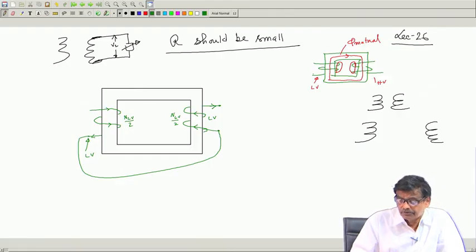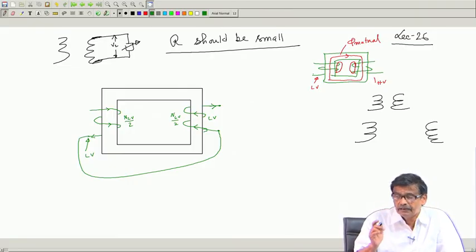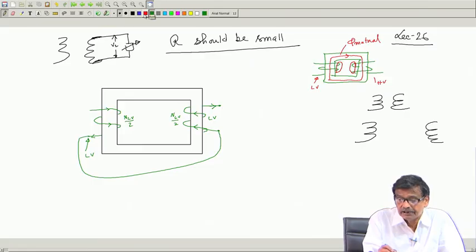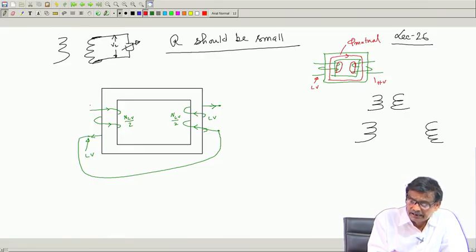Then I told you also that HV winding are wound over the first LV winding. Then what you do, I am using a different color to indicate the HV winding. Then you also wound the HV winding like this. This separate coil, are you getting?